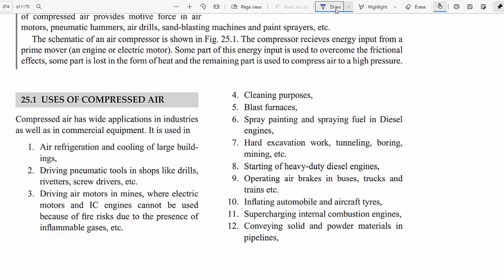Also, borehole making machines have a compressed air system to bore a hole inside the earth to get groundwater. Also, where IC engines cannot be used due to the presence of inflammable gases, then blast furnaces, spray painting, hard excavation work, tunneling, boring, mining, and starting of heavy diesel engines.